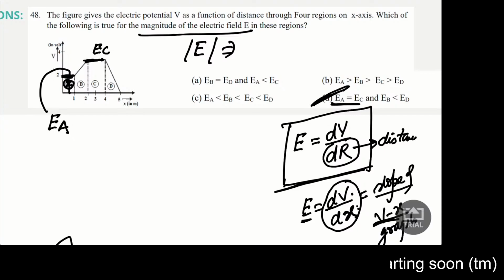EB is equal to ED. But sir, how is EB equal to ED, ma'am? Tell me. Even if you consider, how can EB and ED be the same? The slope for this one and the slope for this one, do you think it is the same?